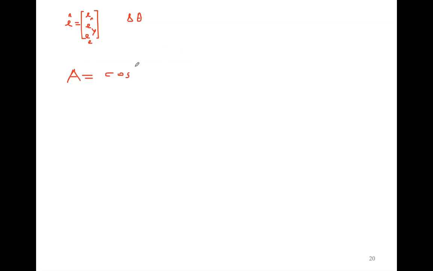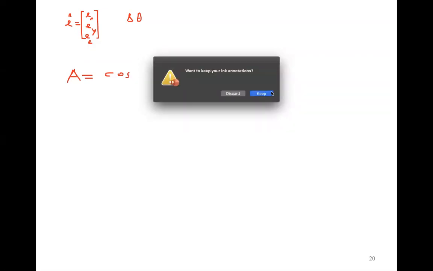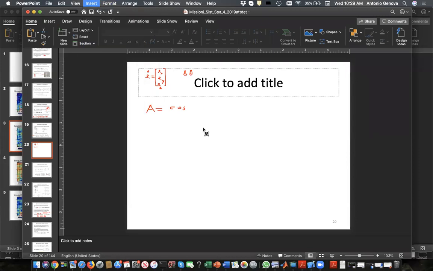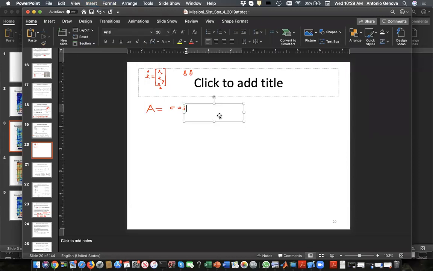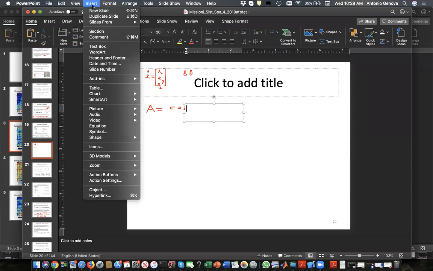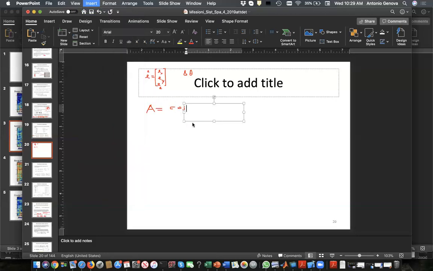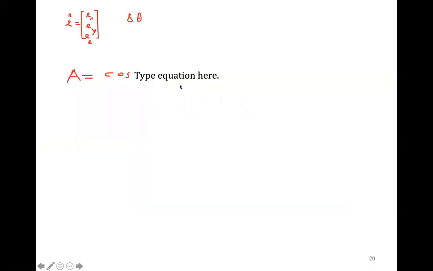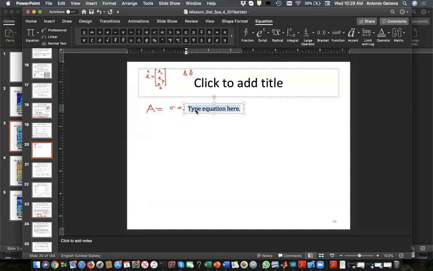So the Euler theorem of rotation says that the attitude matrix is equal to the cosine of, so let me write using a text box, it will be a little bit faster. Insert equation, okay.